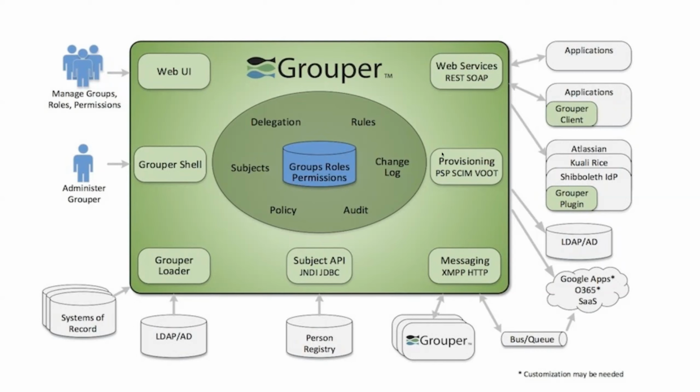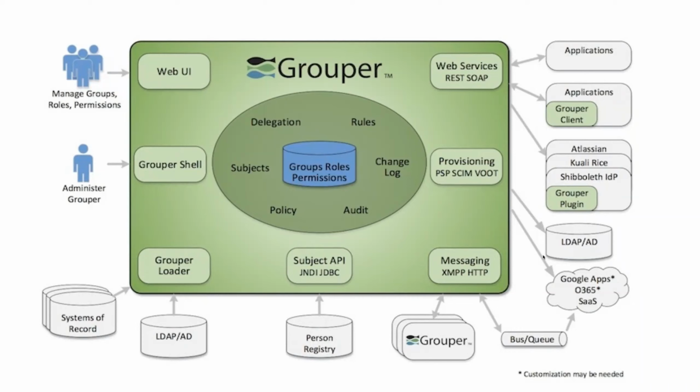demo. On the right hand side, there are the provisioners, and these are the ones that reach out to the external systems and provision the group information that was created here.